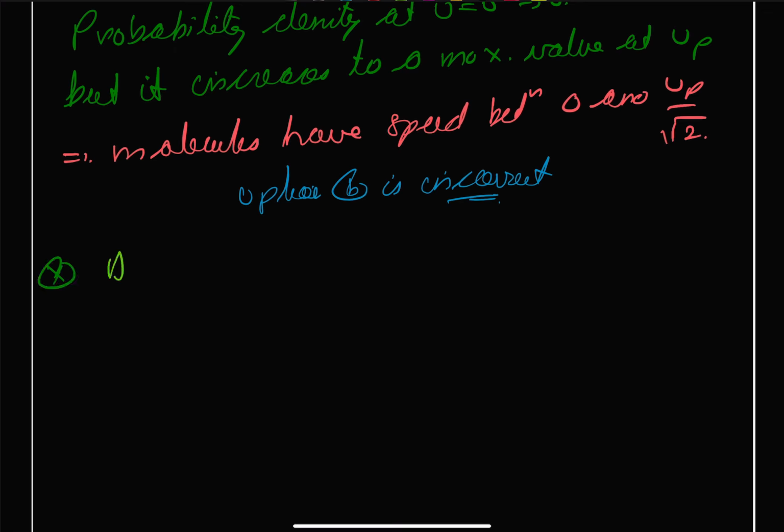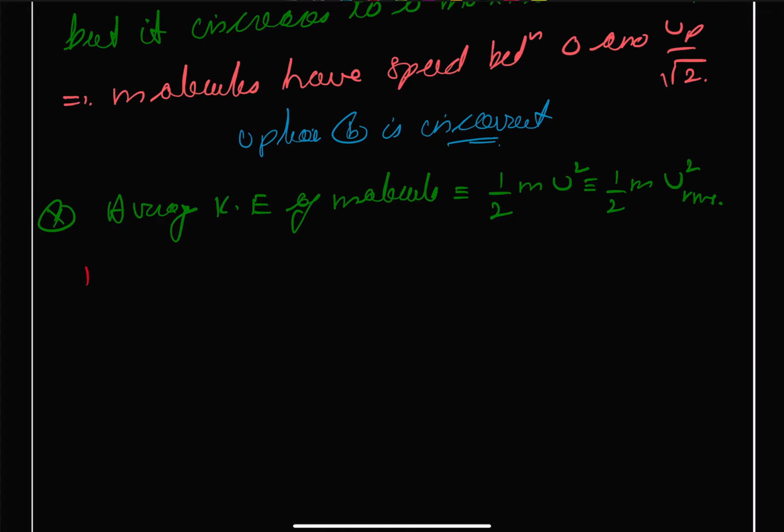We have the basic formula that the average kinetic energy of a molecule will be equal to half m v square, which is basically half m Vrms square. Substituting Vrms, the average kinetic energy will be equal to 1 by 2 m times 3kT by m.